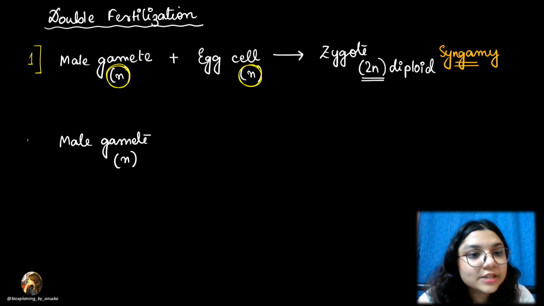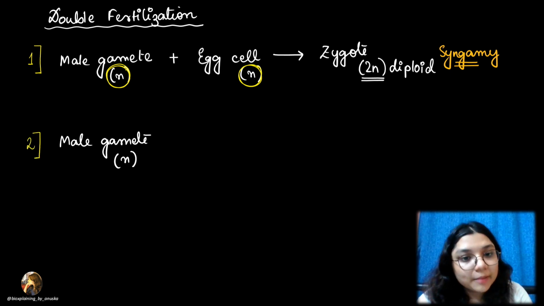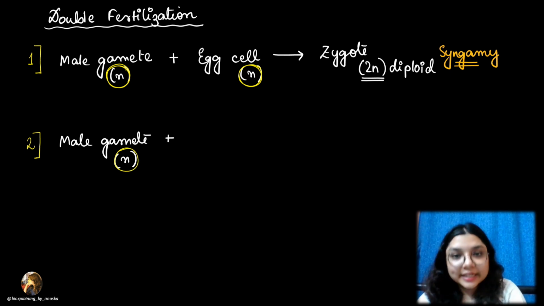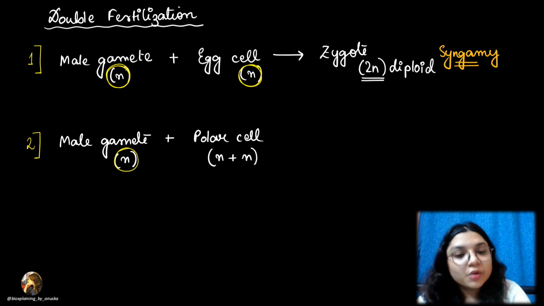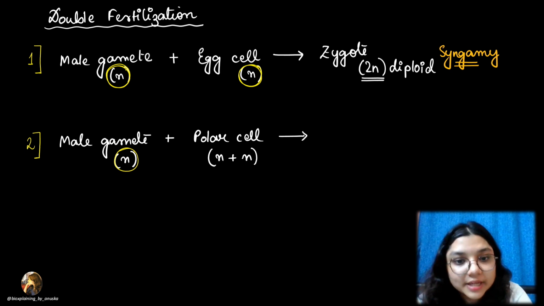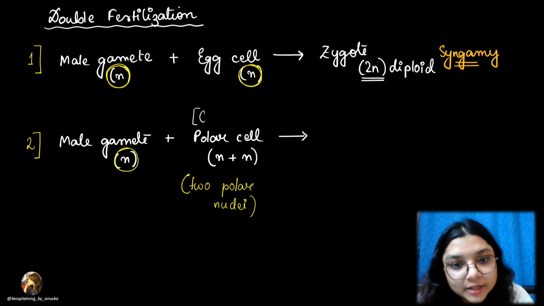And what is fertilization number 2? The other male gamete, which is again haploid, N, will fuse with the central cell. The central cell is N plus N, because it has two polar nuclei. I hope you're getting it right.